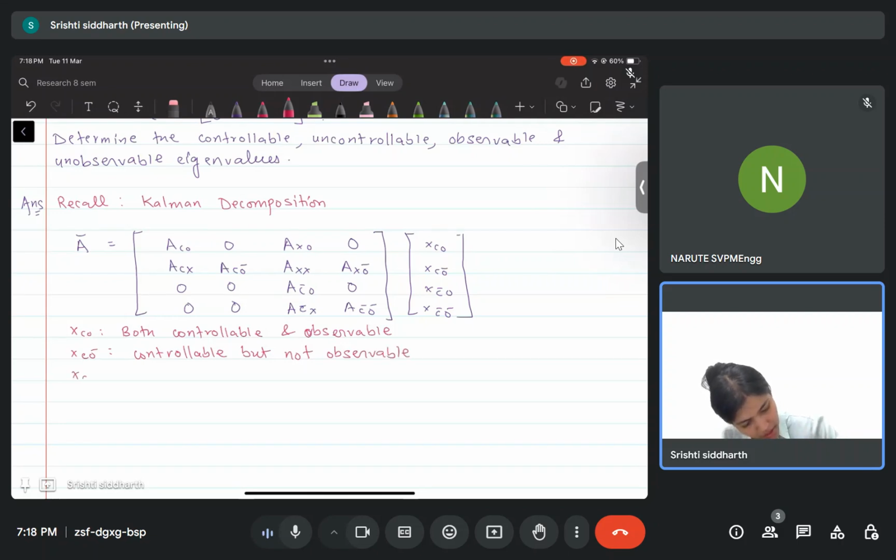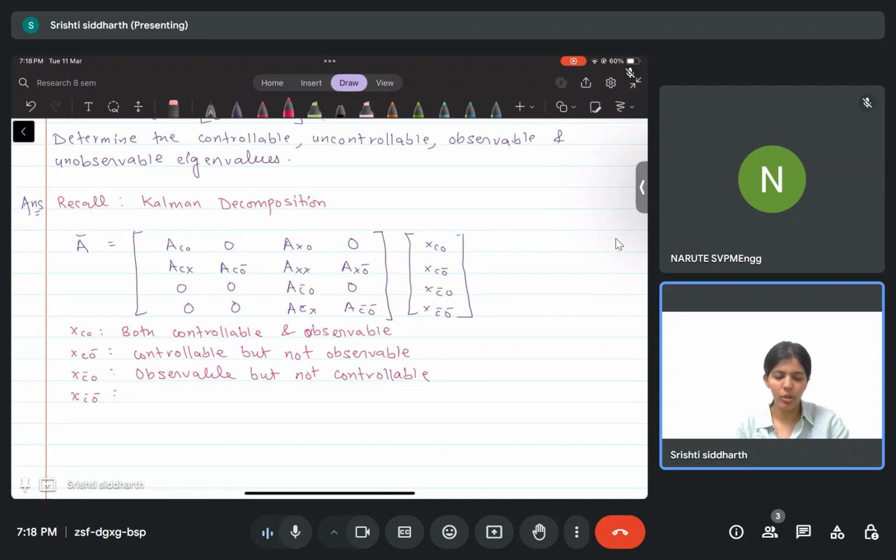We have the state which is not controllable but observable. States which are neither controllable nor observable.